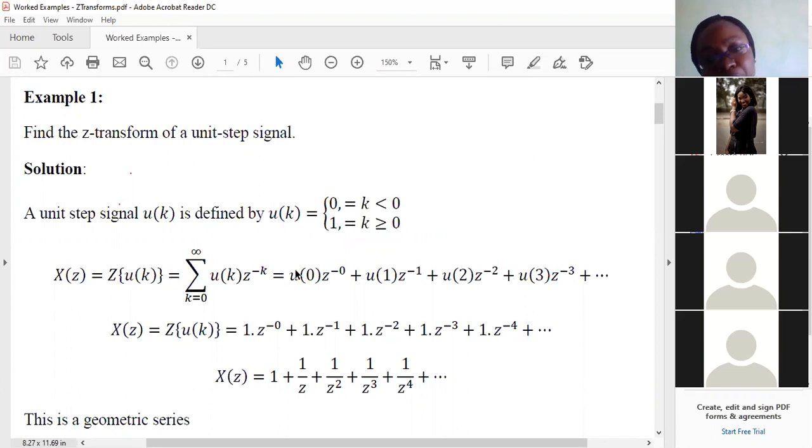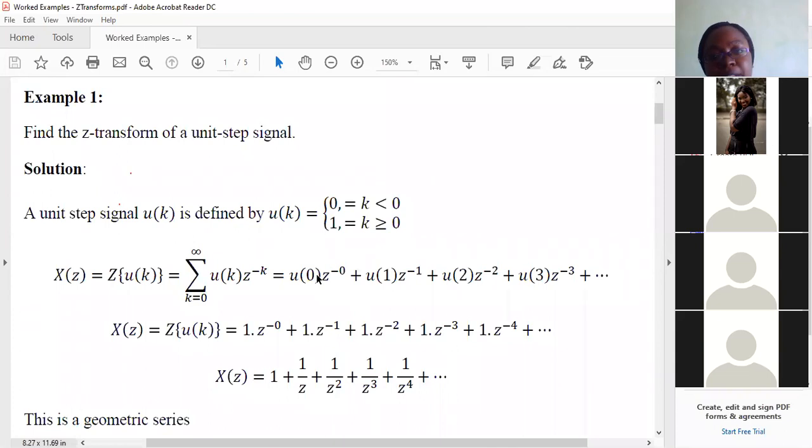So u of 0 is 1, u of 1 is 1, because a unit step is just 1 throughout from 0 to infinity. So u of 2 is 1, u of 3 is 1, u of 4 is 1, dot, dot, dot. Then you have this summation here. So you have z to the minus 0, z to the minus 1, z to the minus 2, and z to the minus 4.